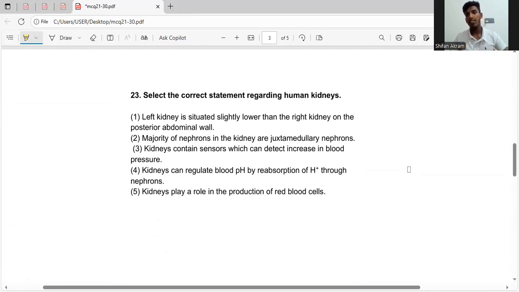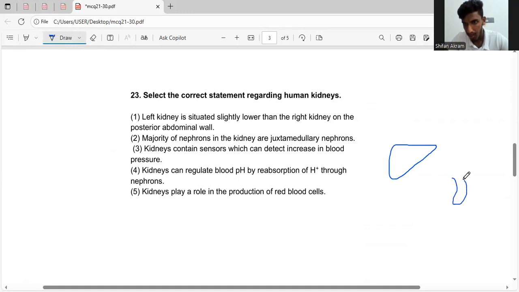So if you take the liver, the liver is on the right side of the body, right? So I'll draw it. So this is the liver. The liver is on the right side of the body. So below the liver, we have the kidneys. So this is the left kidney.